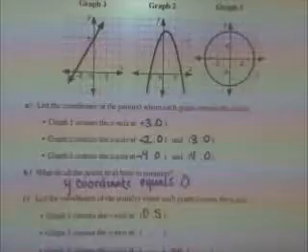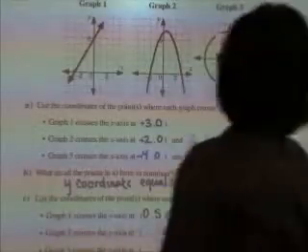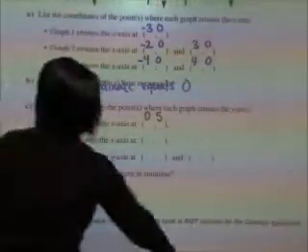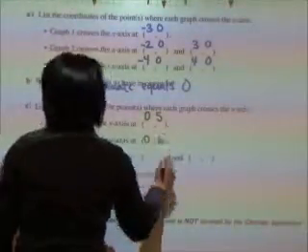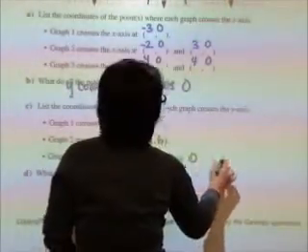So I want you to do the same thing for graph 2 and for graph 3. So where does graph 2 cross the y-axis? 0 and 6. And graph number 3? 0 and -4. Thank you.